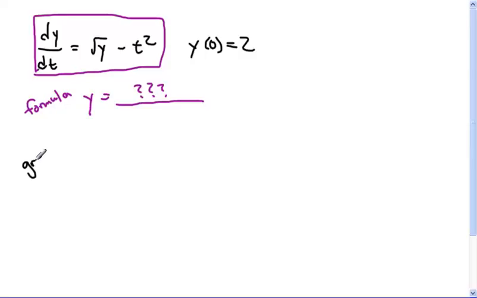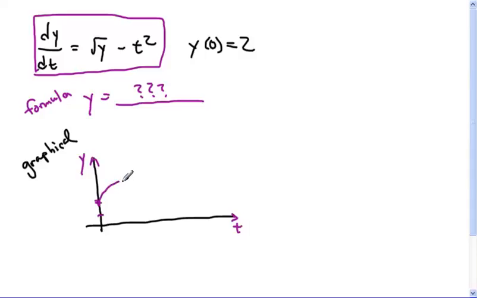We could do a graphical approach, and I'll just tell you that this is a formula that follows this differential equation and starts at 2, so this is your y-axis, this is your t-axis. It turns out that through methods that you will learn, it will do something like this. It will go up, then at a certain point it'll turn around, and then it'll drop.